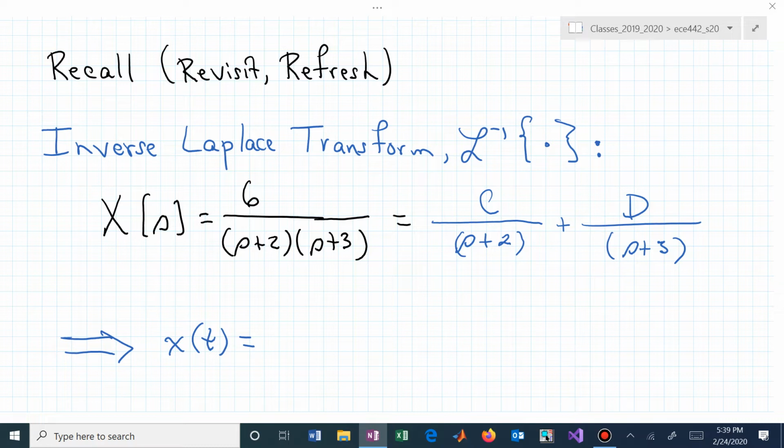If this is now the structure of the Laplace transform, and here we're assuming we have right-sided or causal x of t, or we're looking for little x of t for positive time, t greater than or equal to 0. Can you now write down the structure for x of t based on C, D's 2 and 3?